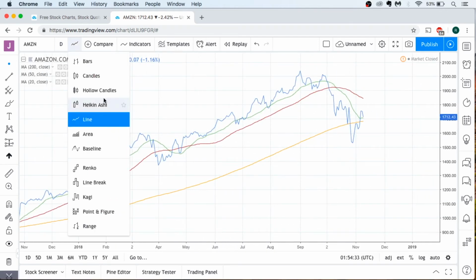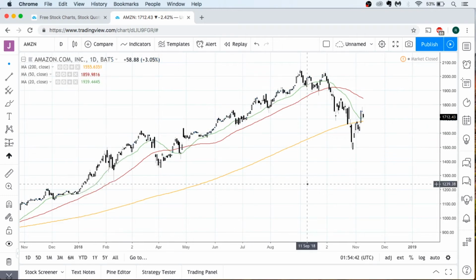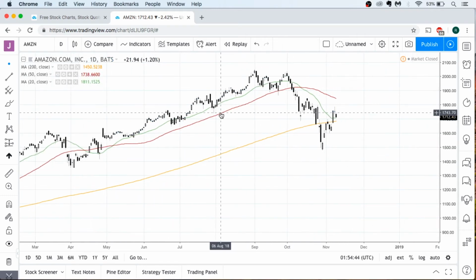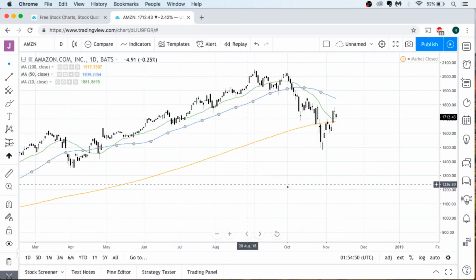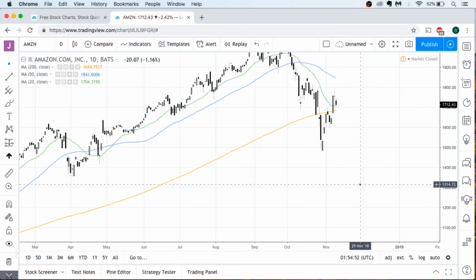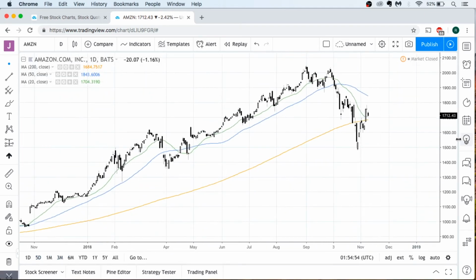And since we're looking at moving averages, we don't have to have a line chart to look at the overall trend. You can just look at candles. So boom, let's switch this real quick. Something lighter. Okay, so now you have your moving averages.